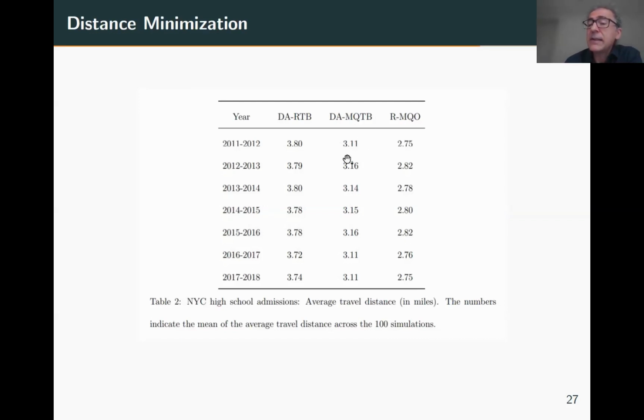This reduces the distance from 3.8 to 3.1. But when we do match quality optimization, it further reduces to 2.75. So we get a reduction of more than a mile on average for each student. And this is pretty consistent over the years.